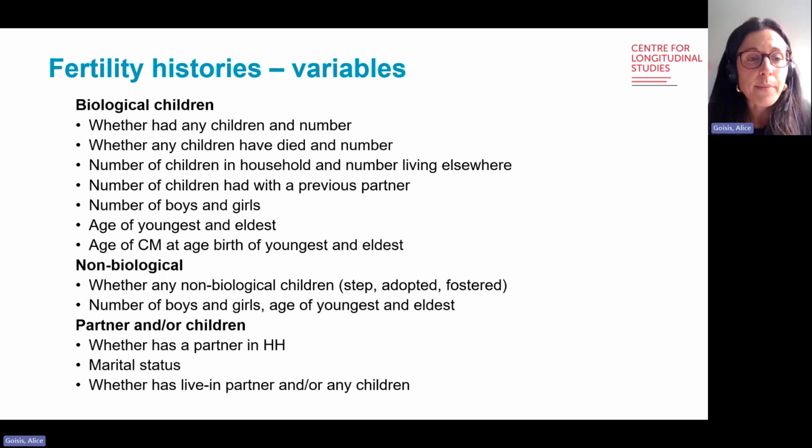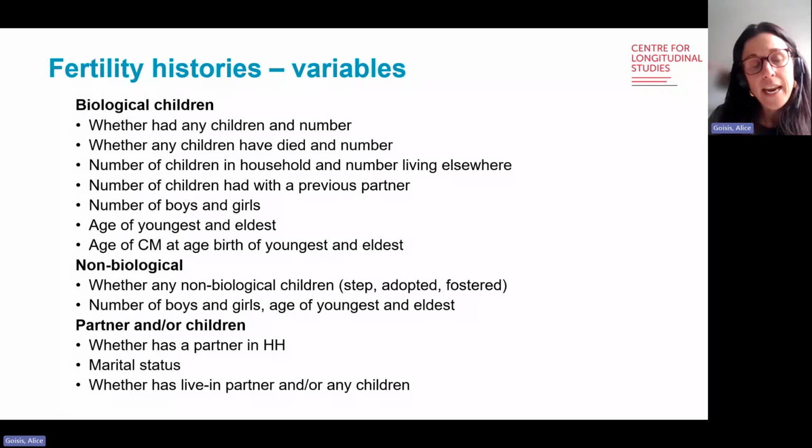We have summary information on the number of children in the household and the number of children living elsewhere. We have information on the number of children that the cohort member had with the previous partner, number of boys and girls, age of the youngest, age of the eldest, and the age of the cohort member when the youngest and eldest children were born.